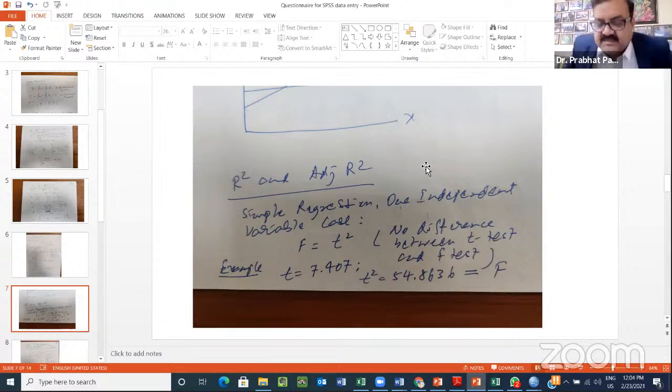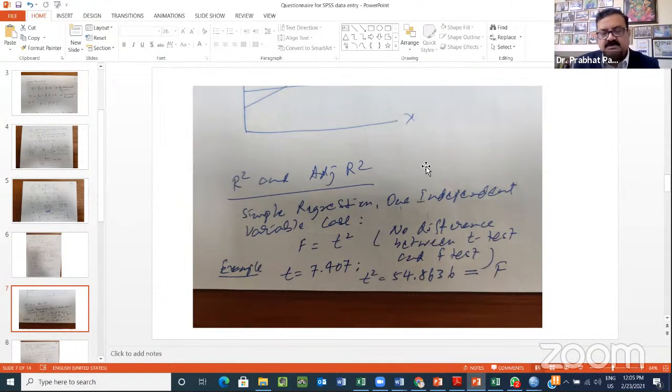And remember, in simple regression you have only one variable, and that is why you use the R square. But if you have more than one variable, that is multiple regression, you will not use R square. There you will use adjusted R square, right? Why adjusted R square?